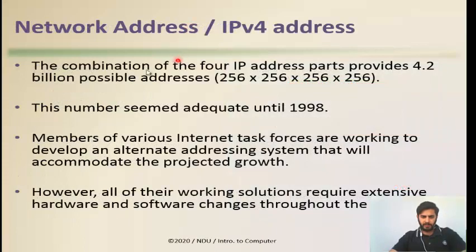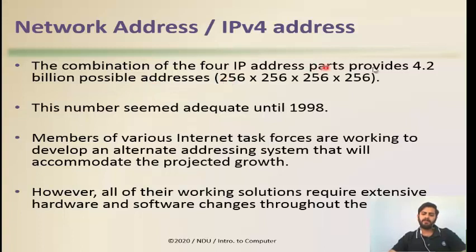So again, working with IP version 4 addressing, it's a combination of 4 IP address parts providing 4.2 billion possible addresses. If we combine all the IP addresses together, it becomes 4.2 billion possible addresses.